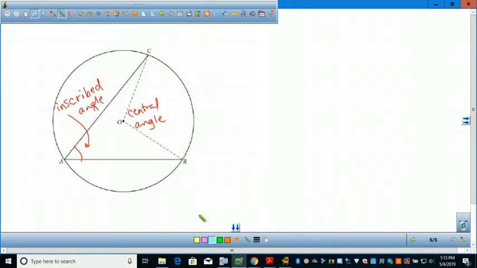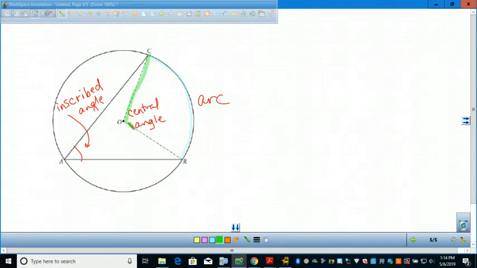And this here is called the arc. So the central angle, I'll highlight it, is here. The arc is here, but the inscribed angle goes all the way to the other side of the circle. That's the inscribed.